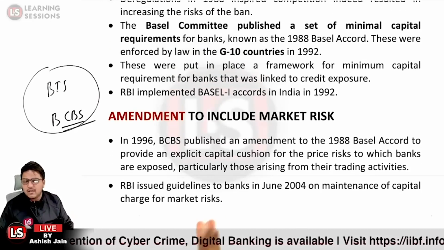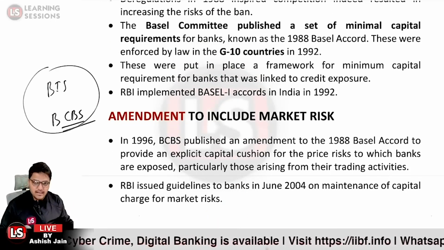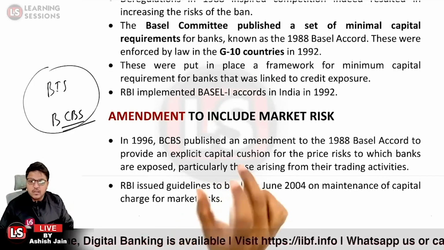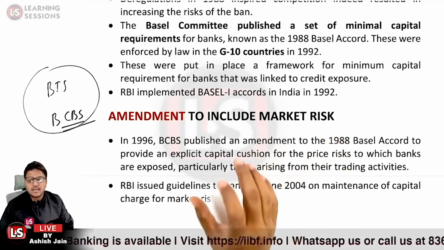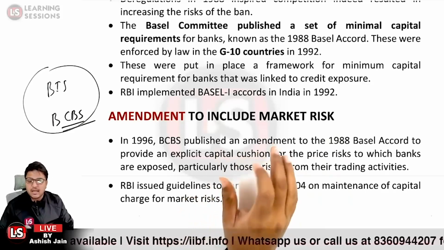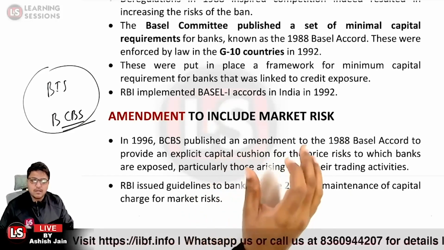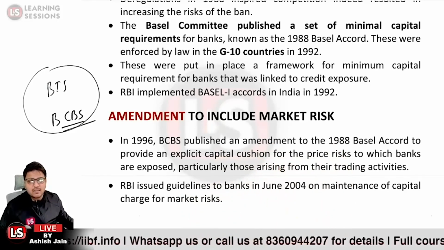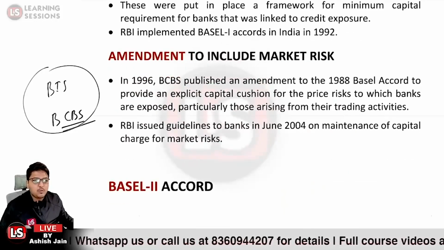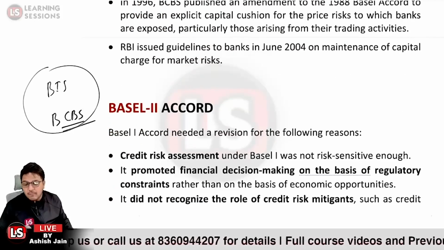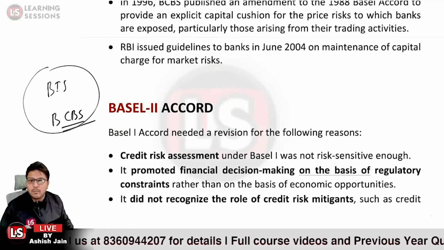Previously they were maintaining the capital only for the credit risk, but as per the new amendment to the Basel I Accords, the capital is also maintained for the market risk. And further there were amendments under Basel II, and then the capital is also being maintained for the operational risk.